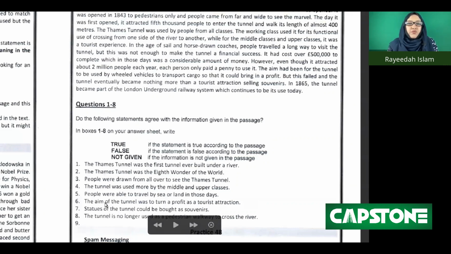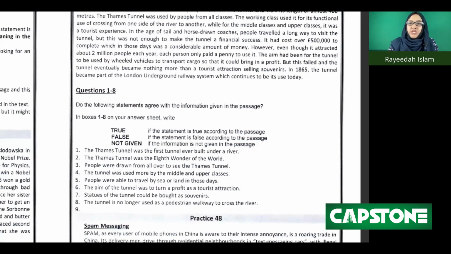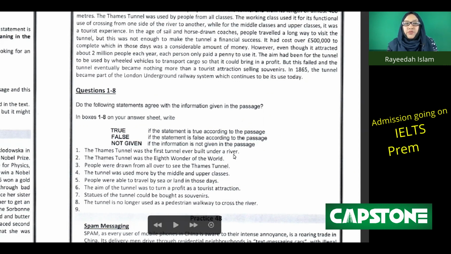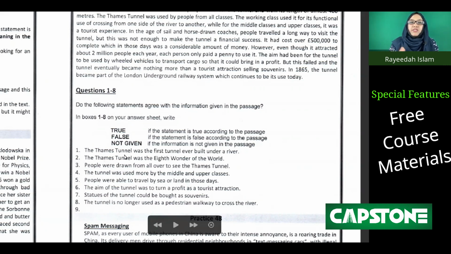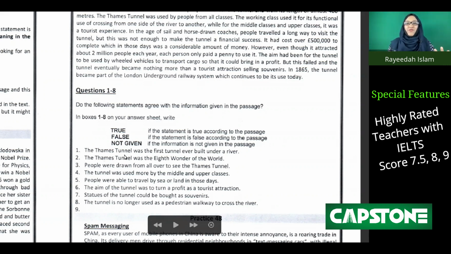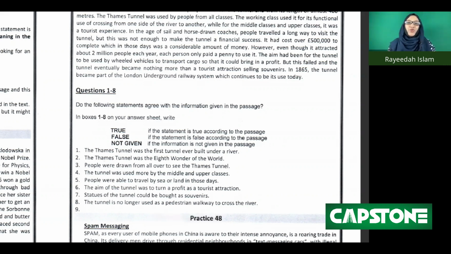Now let's read the questions very quick. The Thames Tunnel was the first tunnel ever built under a river. The Thames Tunnel was the 8th wonder of the world. So for the sake of understanding how we're doing it, let's just look at the top 3 statements.